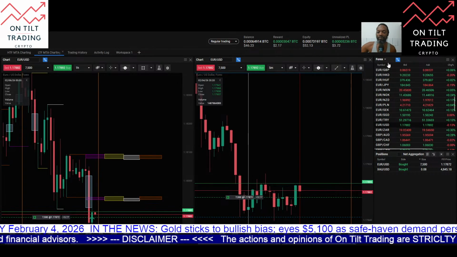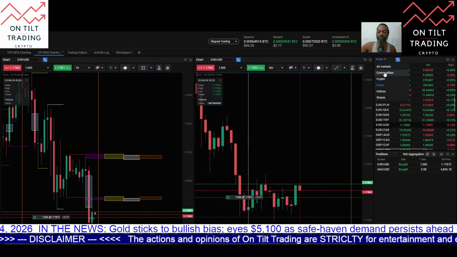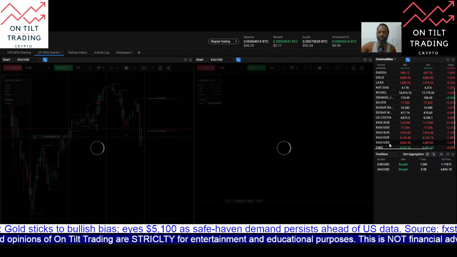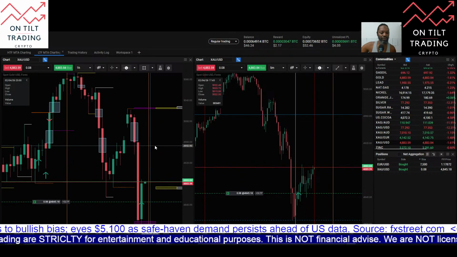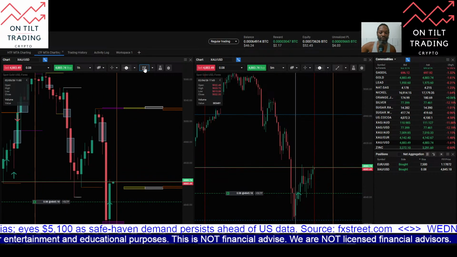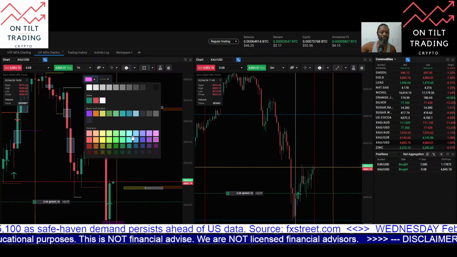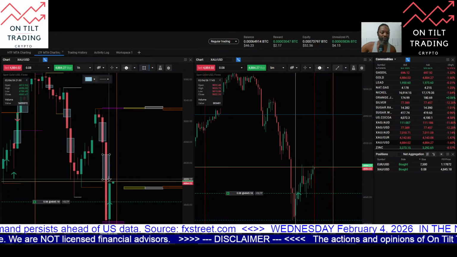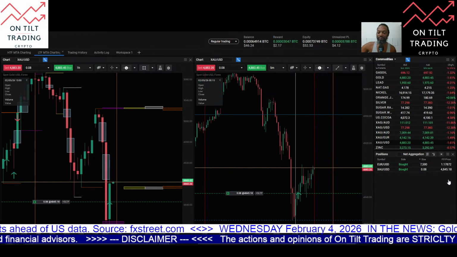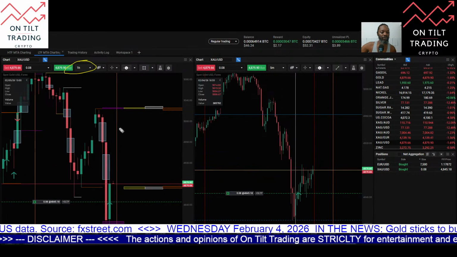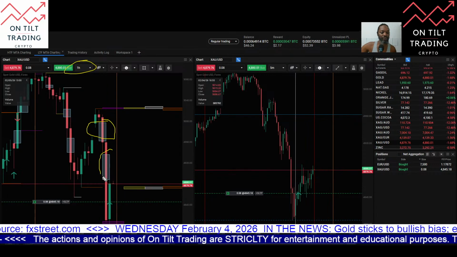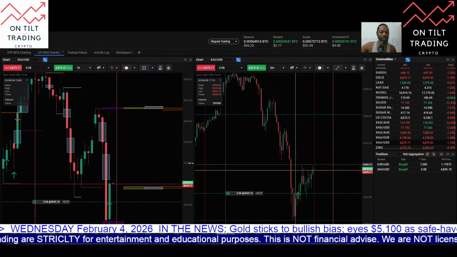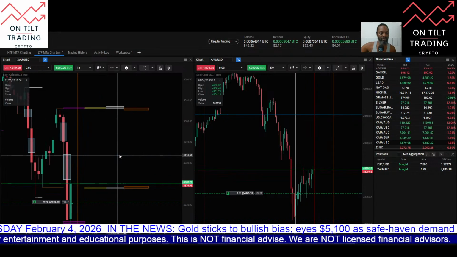I'll head over to gold where there's likely another one, or there was a higher fair value gap. There's likely an additional gap now here. And you can see here on the 1 hour chart on gold a series of bearish fair value gaps or sell side imbalance, buy side inefficiencies here.